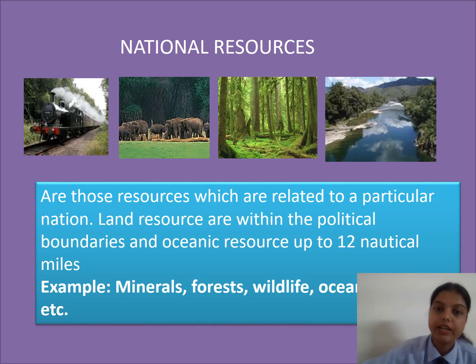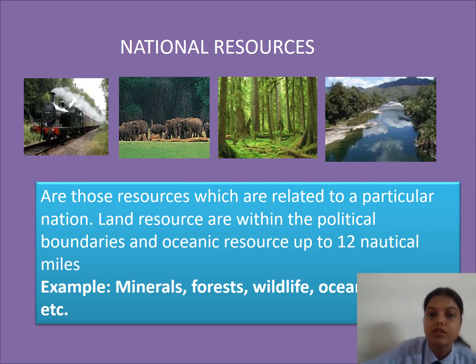Next one we have national resources. National resources, as the name suggests, are those resources which are related to a particular nation, a particular country. Land resources are within the political boundaries, and oceanic resources up to 12 nautical miles.